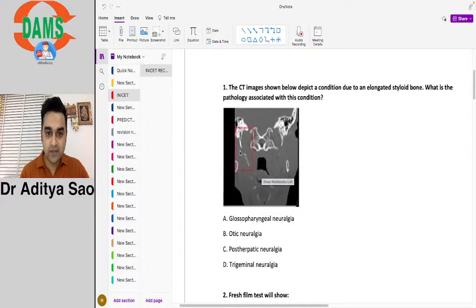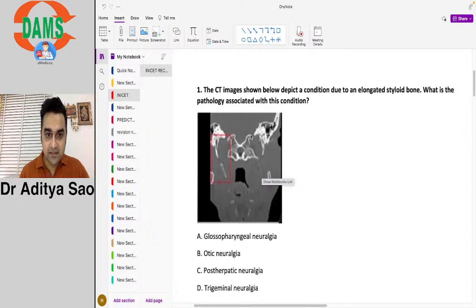Here you can see this is a coronal part of an axial slice, in which you can see this area which is elongated. This is the styloid bone.